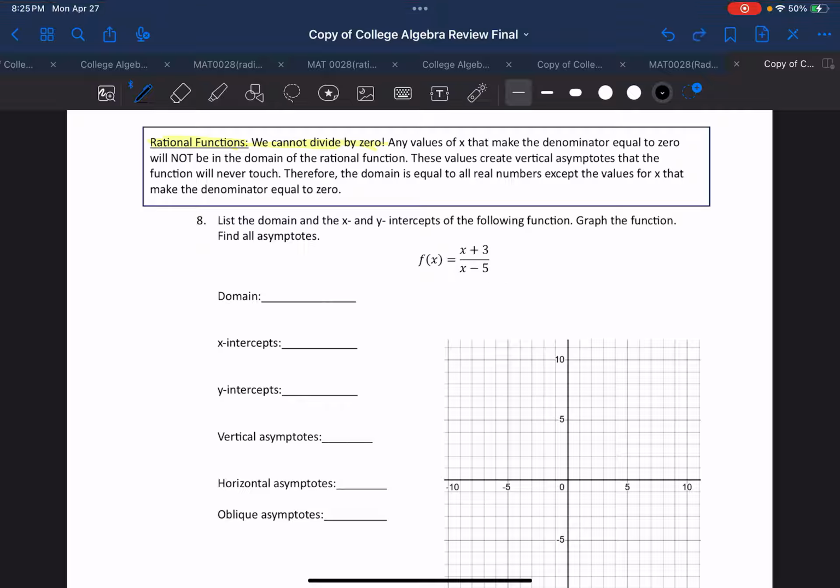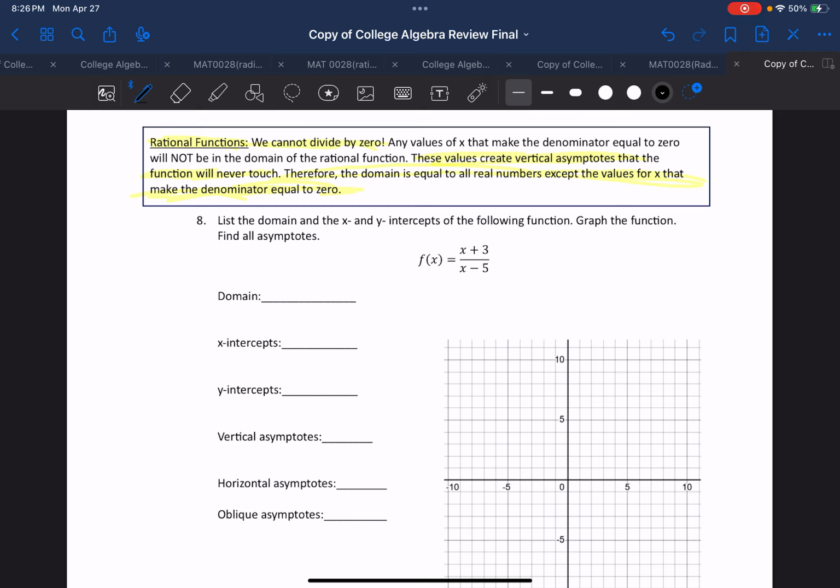X cannot equal 5. And these values create vertical asymptotes that the function will never touch, because they're undefined, because they make the denominator equal to 0, and that's bad. So therefore, the domain is equal to all real numbers except the values for x that make the denominator equal to 0.